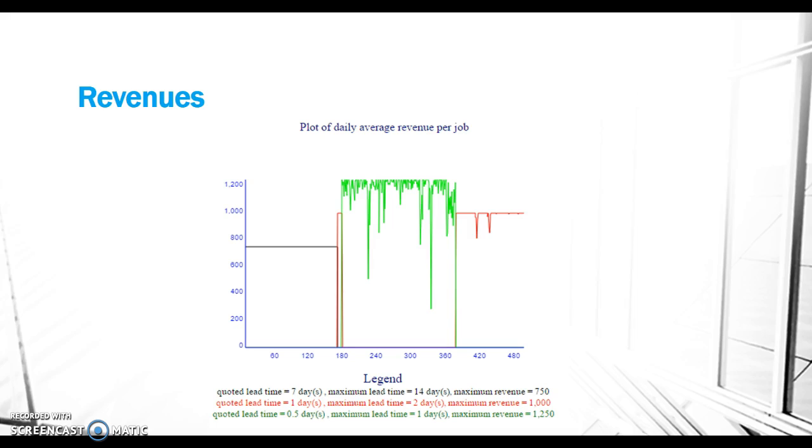So we went to contract 2, which saw our revenues increase to $1,000, and then we got even more aggressive and stayed at contract 3 for quite some time. As you can see, there were some dips that brought us below, but overall we averaged better on contract 3 than we would have if we had stayed at contract 2, for $250 less. And as Alana stated before, when we sold machine 1, we had to switch back to contract 2 because we weren't hitting our lead times anymore.